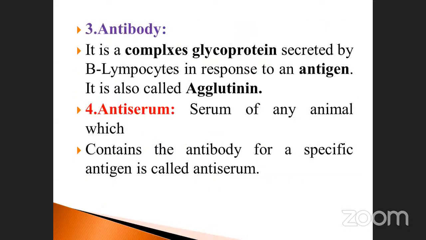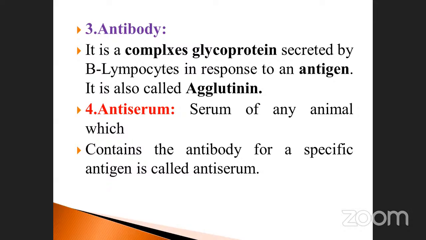Okay, see, that antibody is a complex glycoprotein. Note it down. That one is called a proteinous substance, and this one is called a glycoprotein. Glyco means addition of carbohydrate to the protein molecule, secreted by the B lymphocytes. Already we saw it in the previous slides, isn't it?